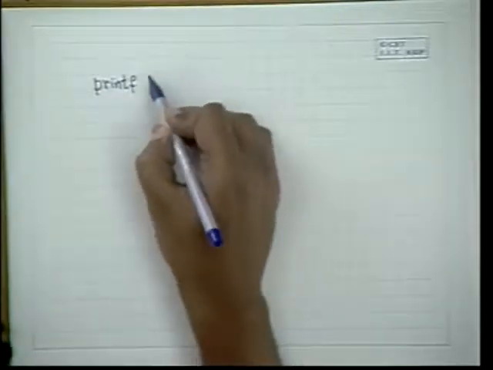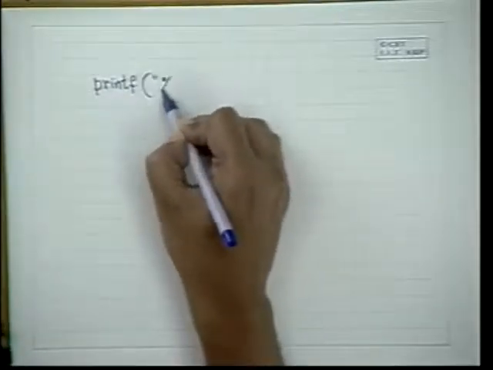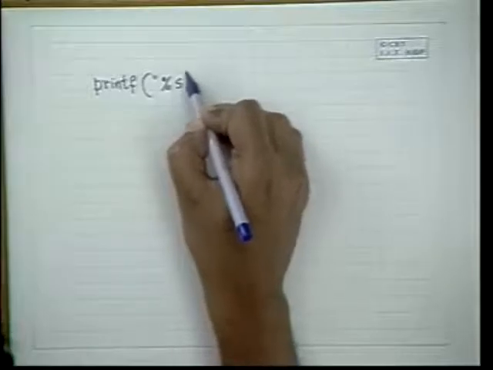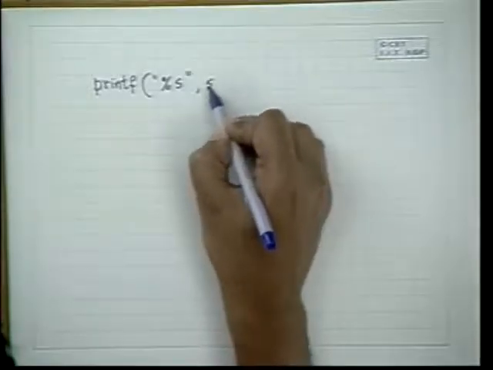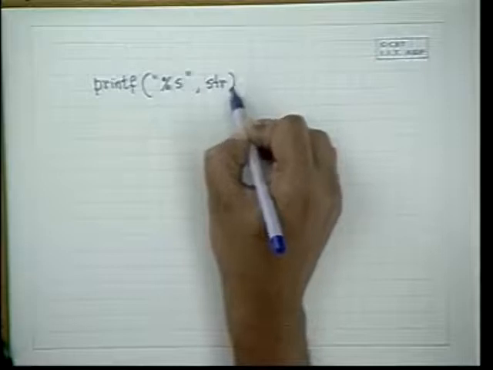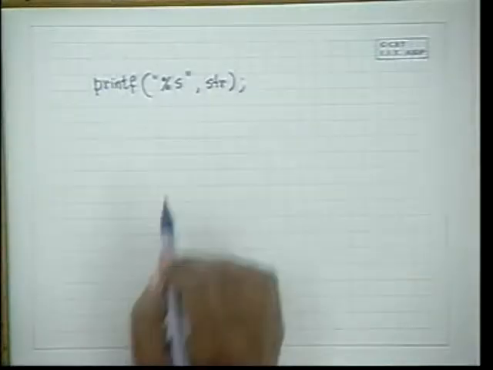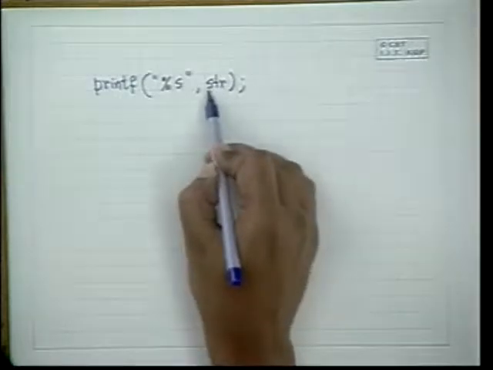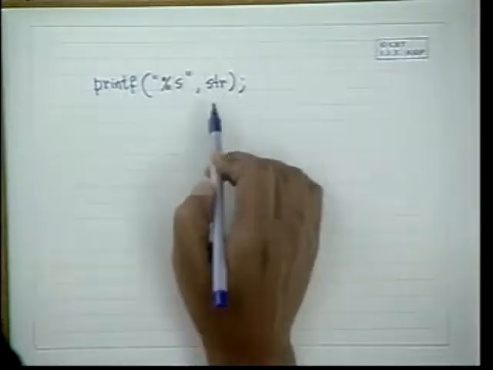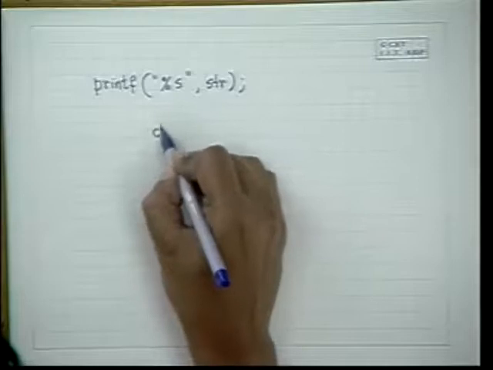Printf %s, again you just give the string. It will print the string. But it will print a string which is whatever address you give, this must be defined as a character array.